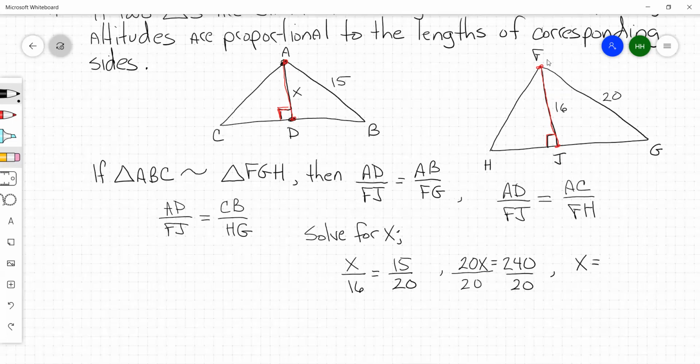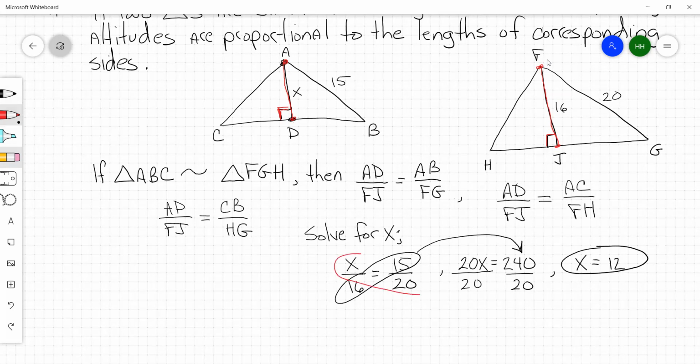X is equal to 12. Oh, the 16 got multiplied by 15. The 16 times the 15, that's equal to the 240. And the 20 times the X, that's equal to your 20X. Good?